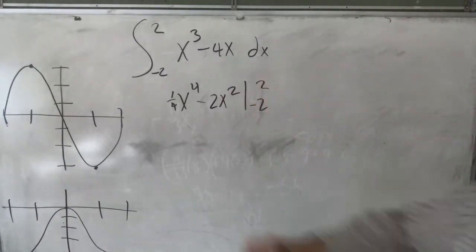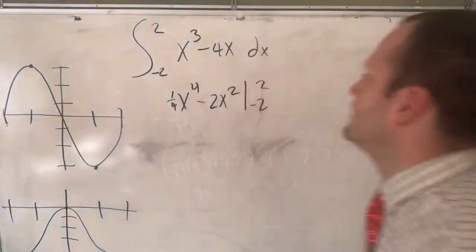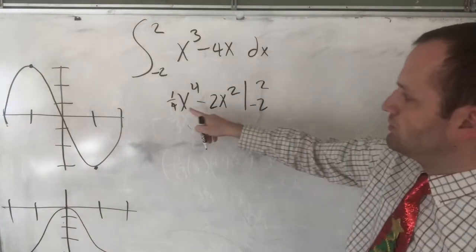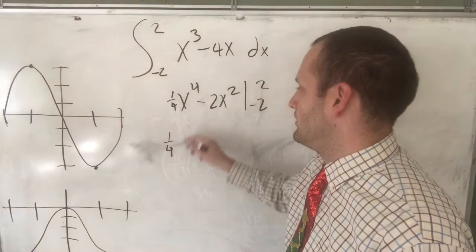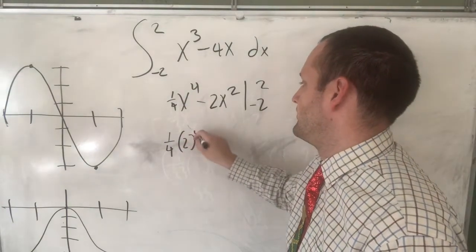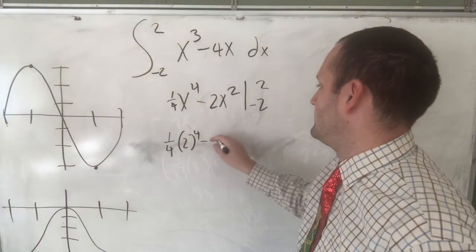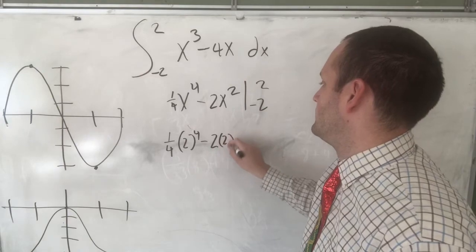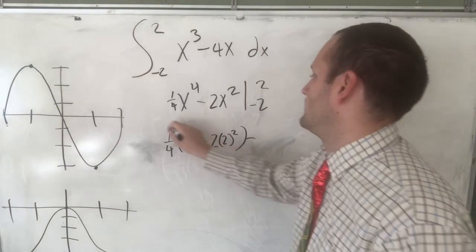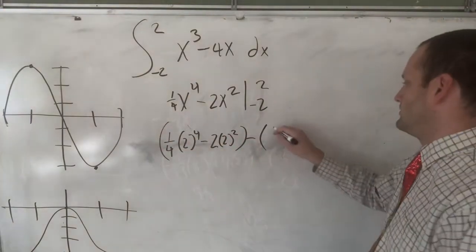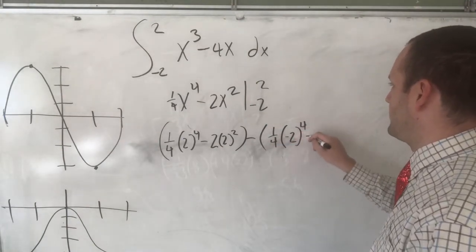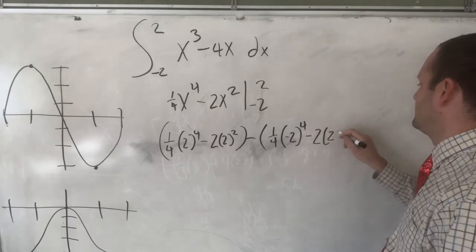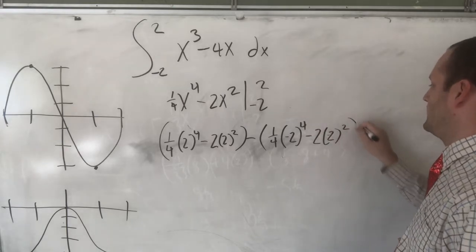So that integrates to, we want to know from -2 to 2. What is the area under the curve? Well, we plug in 2, it gives me 1/4 times 2 to the 4th power minus 2 times 2 squared, minus 1/4, -2 to the 4th power minus 2 times -2 squared.